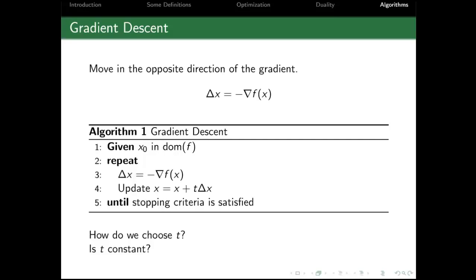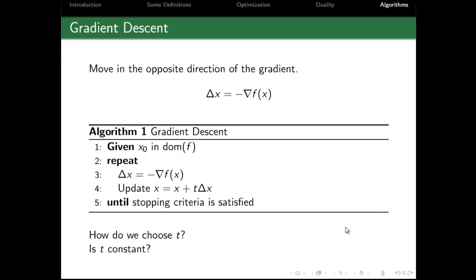The next question is, how do we choose t? Should t be constant? In the ideal case t should be dependent on the curvature of the function. If you look at the graph in the previous slide carefully, wherever there is low curvature you could afford to take larger steps, and wherever there's high curvature at the bottom, especially where there's the minimum, you should take small steps of t so that you don't jump over the minimum value.